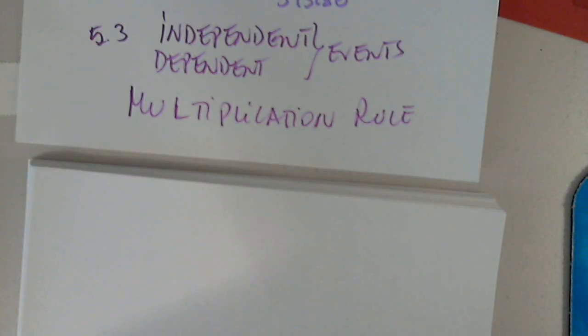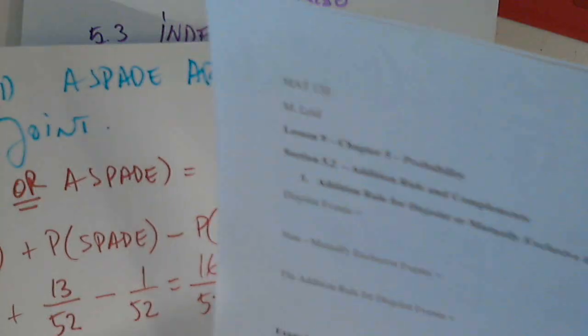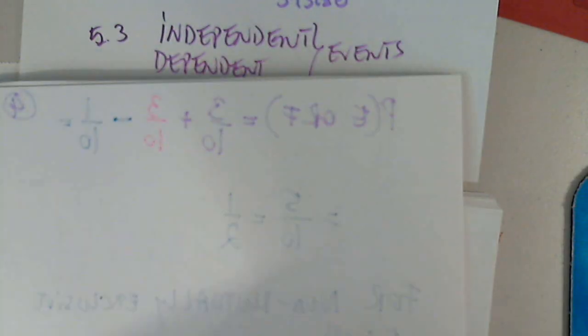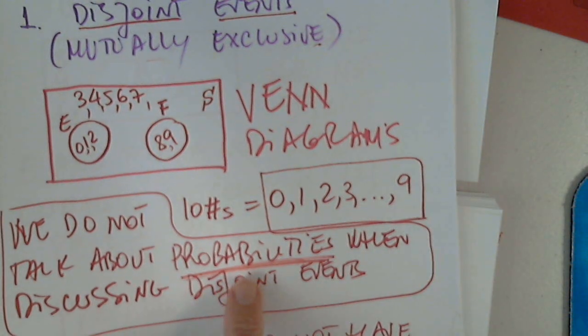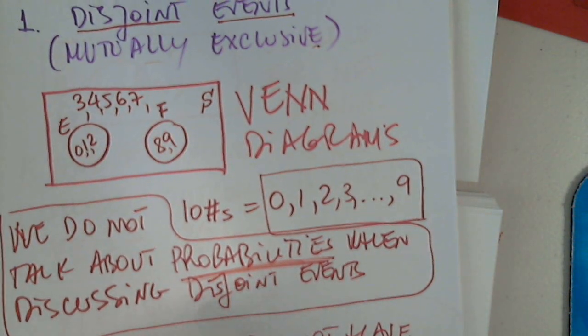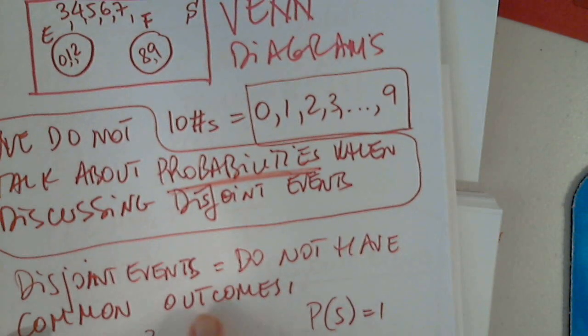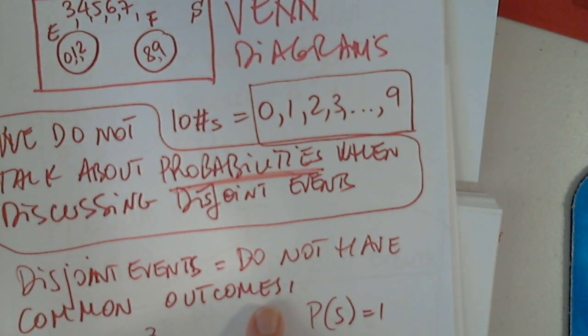Remember when we talked about disjoint or mutually exclusive, we were not talking about probabilities. We only talked about whether they have common outcomes or not.